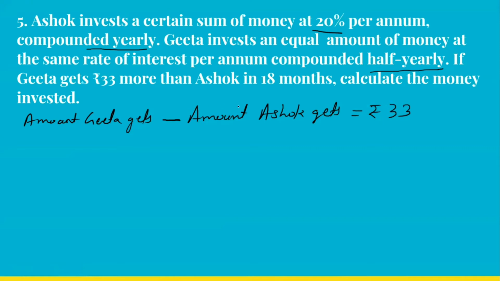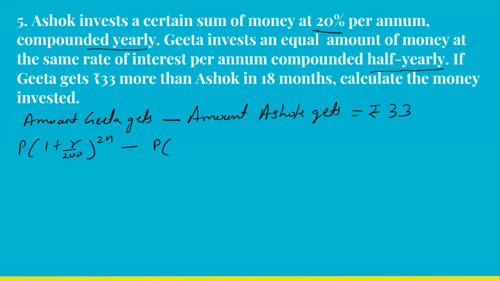Now, the amount for Geeta, who has put the money compounded half yearly, we get here P in bracket 1 plus R upon 200 raised to 2n, minus, for Ashok, when it is compounded annually, we have the formula when the fractional period is there. We write it as P in bracket.